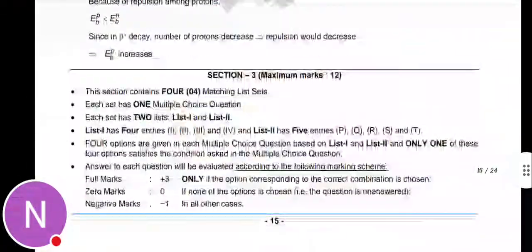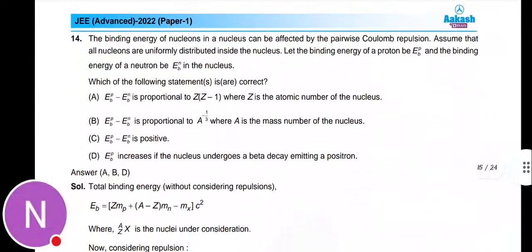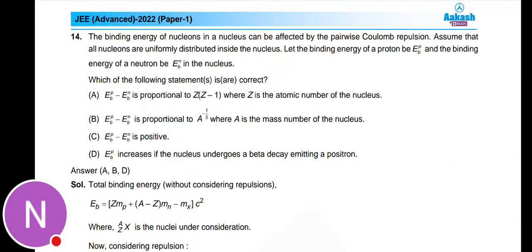So we're moving on to our next question, that is question number 14. Here they have asked: the binding energy of a nucleon in a nucleus can be affected by the pairwise Coulomb repulsion. We have to assume that all nucleons are uniformly distributed inside the nucleus, and the binding energy of the proton be EBP, and the binding energy of the neutron be EBN in the nucleus.